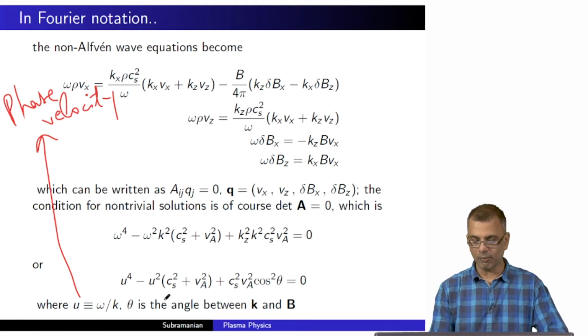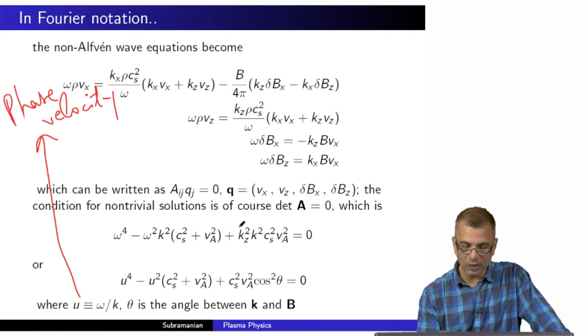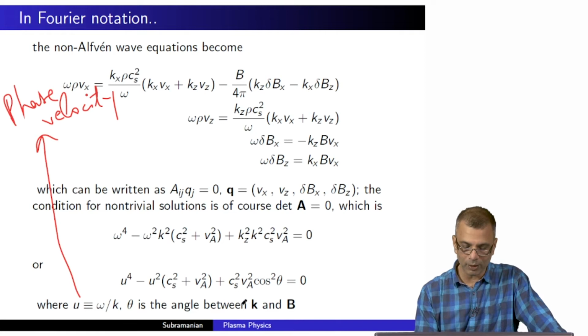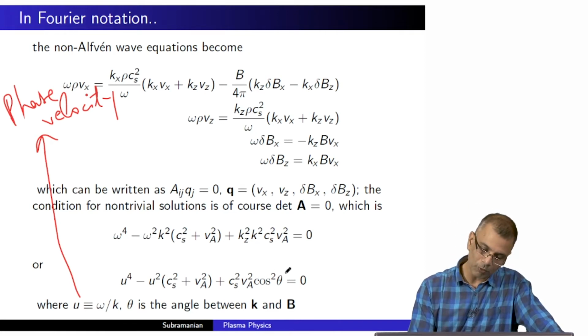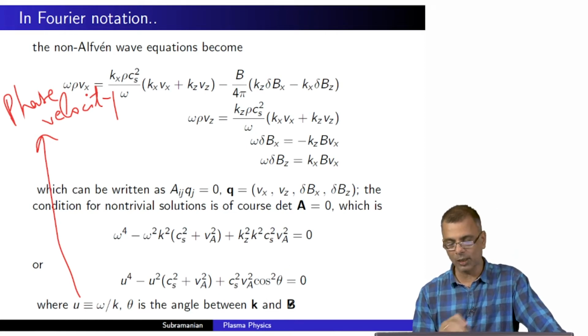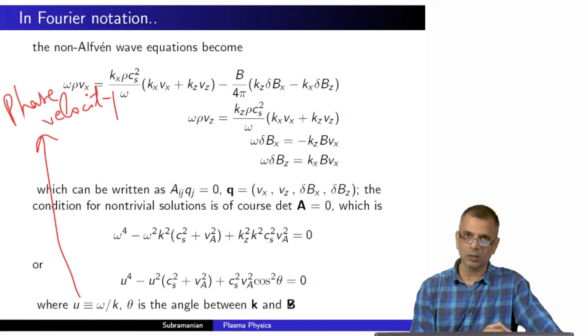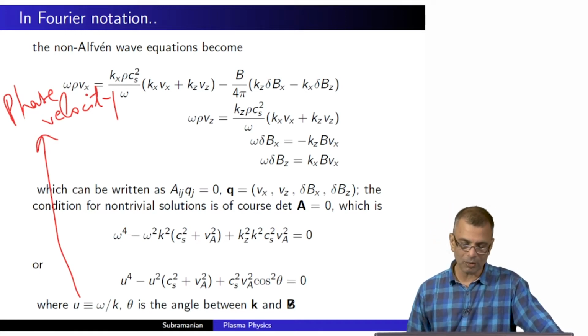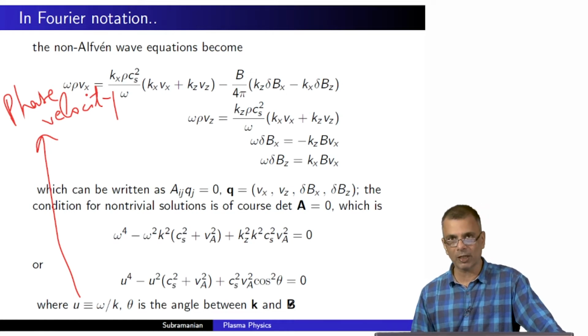And instead of writing kz and k separately, we have simply invoked a theta, where theta is the angle between k and B. So essentially kz over k is cos theta.